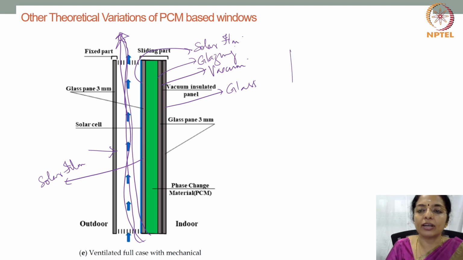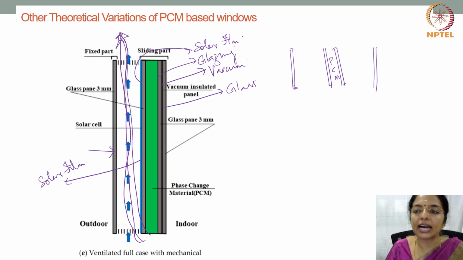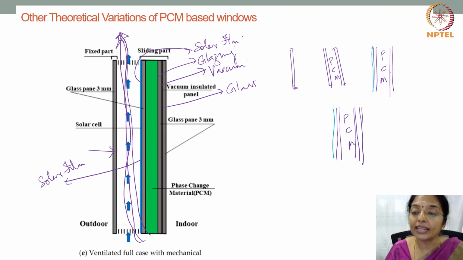can have single glass pane in section, or you can have a glass pane with a PCM, or you can have a glass pane with a solar PV film and PCM, or you can have a solar film, glass pane with PCM, vacuum, and then another glass pane.